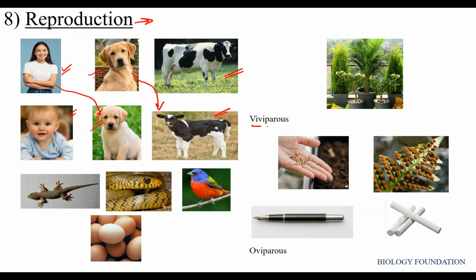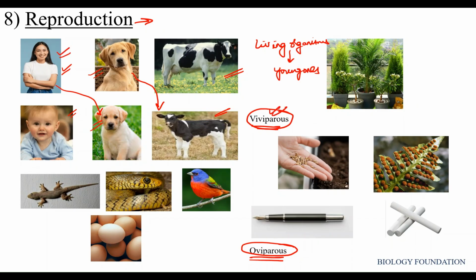Now, what do the terms viviparous and oviparous mean? When living organisms, during reproduction, give birth to young ones, it is called viviparous. Human beings are viviparous. Dogs are viviparous. A cow is a viviparous organism.